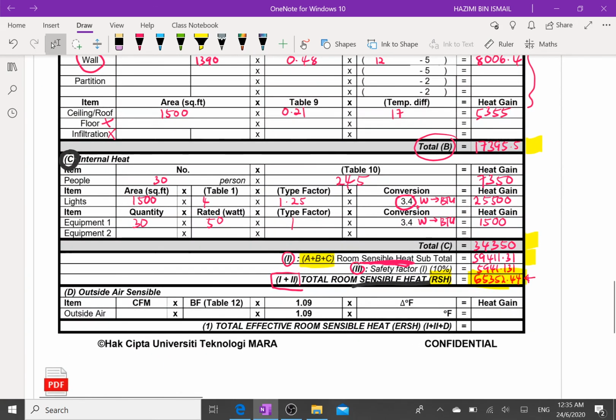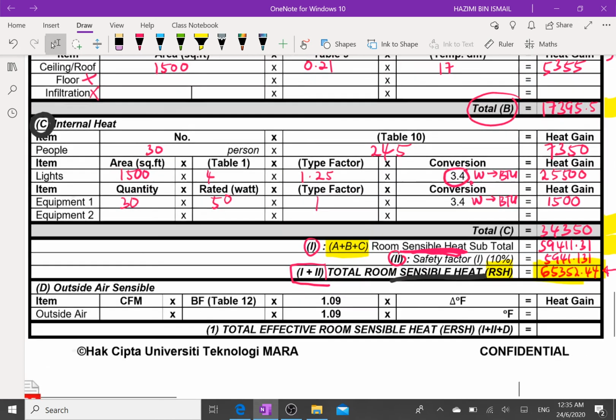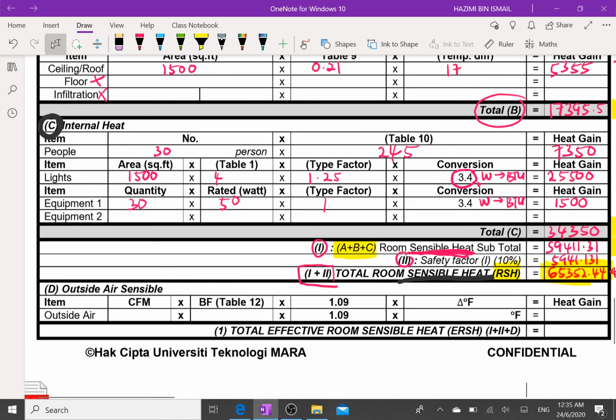Okay, let's continue to the D section. D section is the outside air sensible.